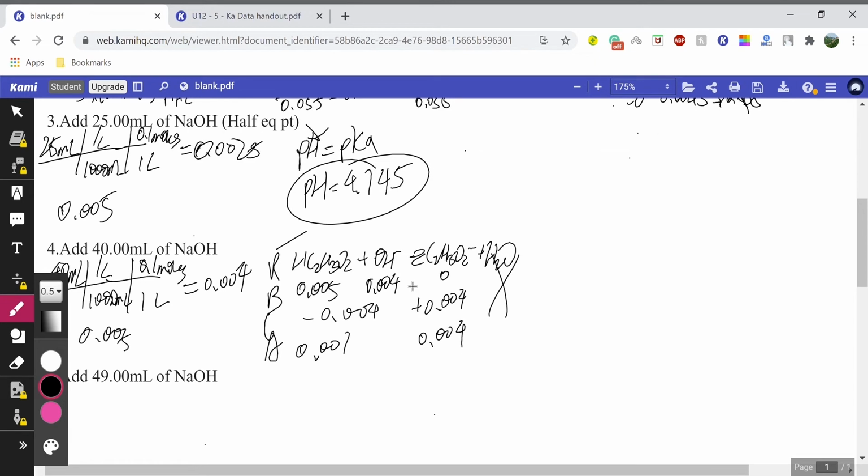Now we just straight up use pH equals pKa plus the log of conjugate base divided by acid.